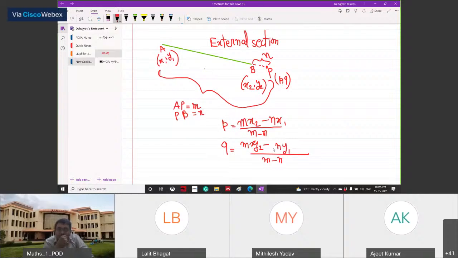So maybe what I want to say is, suppose we are given this point, this point, this point. If we can see that these two slopes and intercepts, everything, are the same, then they will be on the same line.